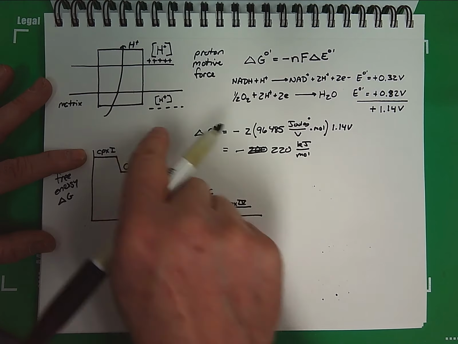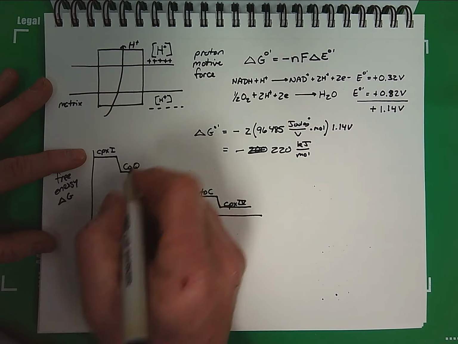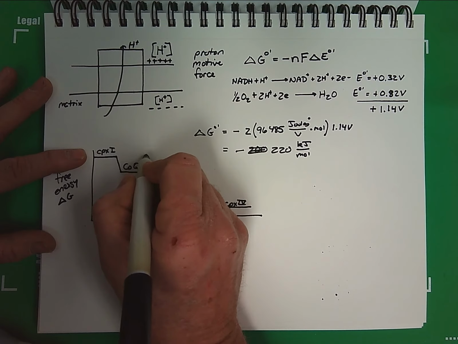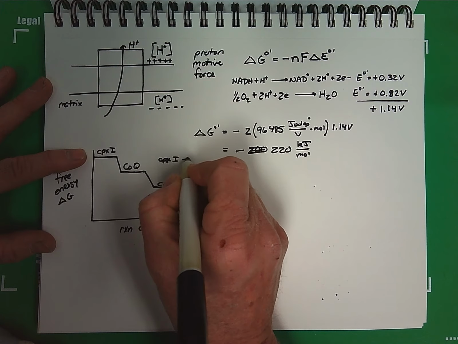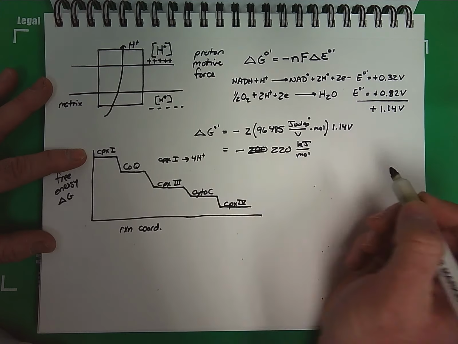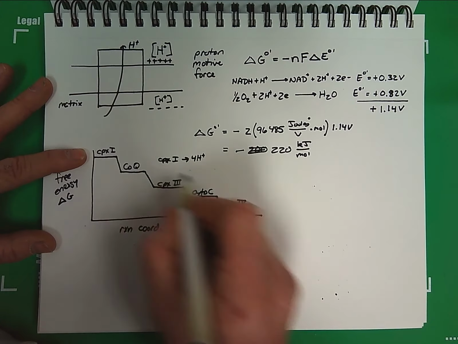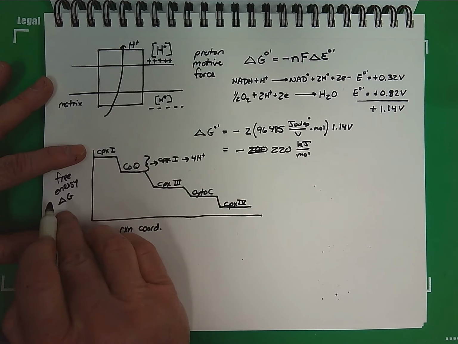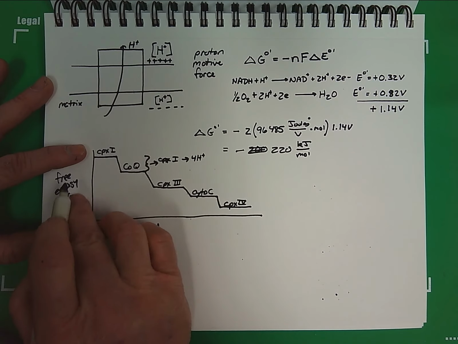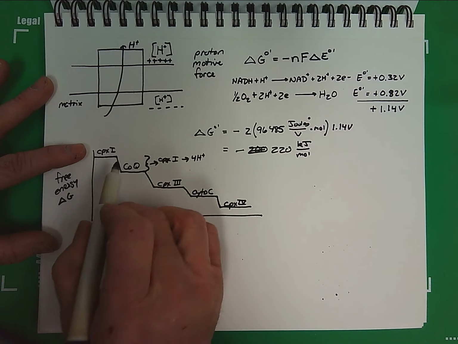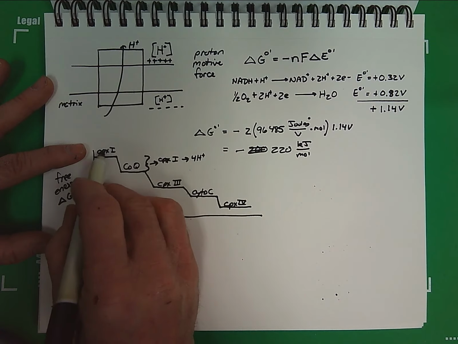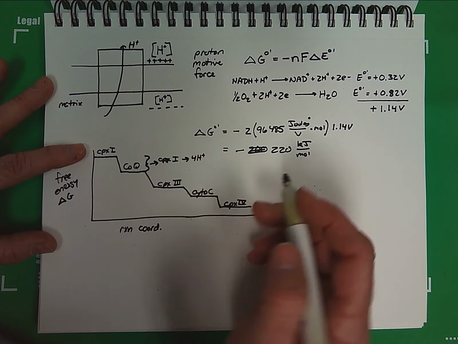Now, how does this relate to the pumping of protons? Well, we know here that complex 1 pumps 4 protons. Where does it get the energy? Right here. The energy difference between complex 1 and CoQ, measured in free energy change, is negative. So this negative free energy change, this giving off of energy, an exothermic reaction, is causing the conformational change in complex 1 to pump 4 protons.